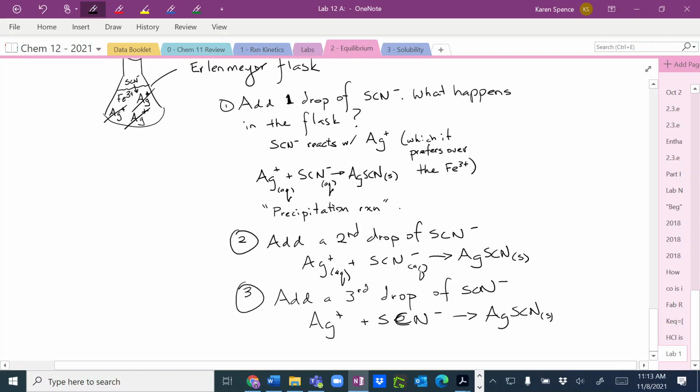So it gets cloudy, but how are you going to tell when it stops getting more cloudy? I could add another drop, yes, and if I didn't have the iron in there, it would just look kind of cloudy still. You guys hear that?